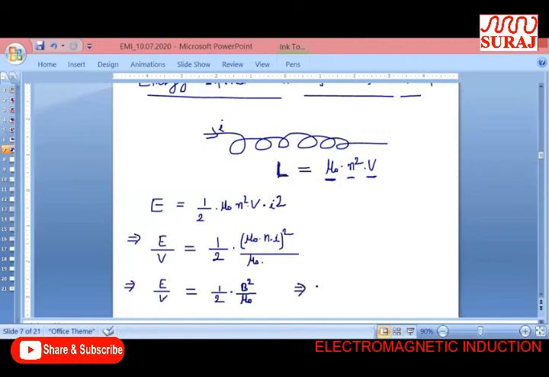So B square by 2 mu naught. It means this is the energy stored per unit volume.